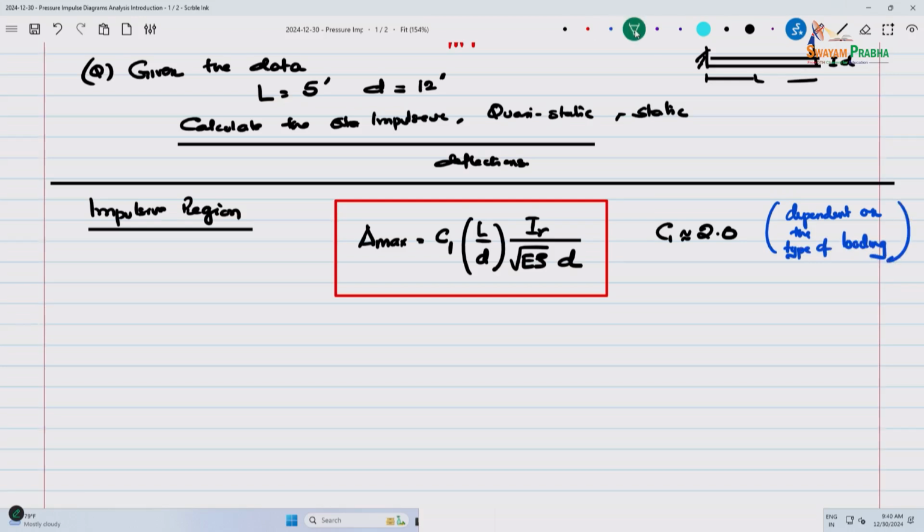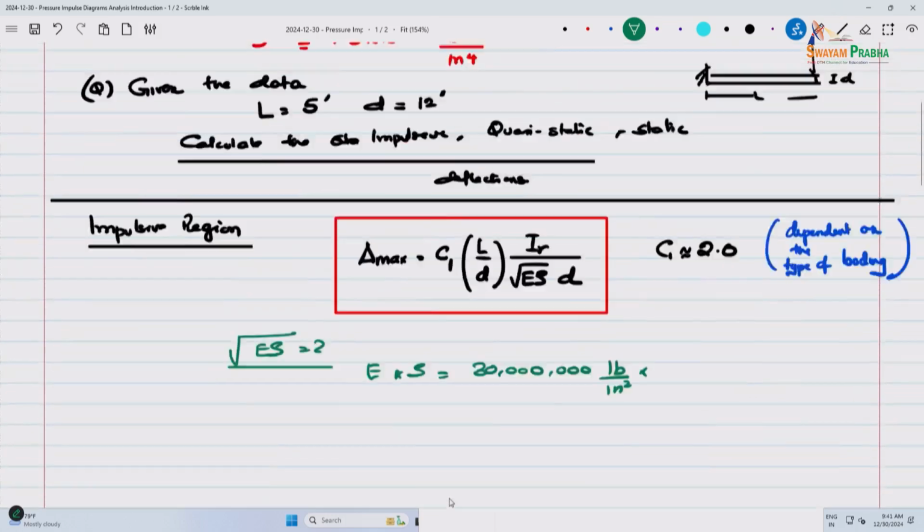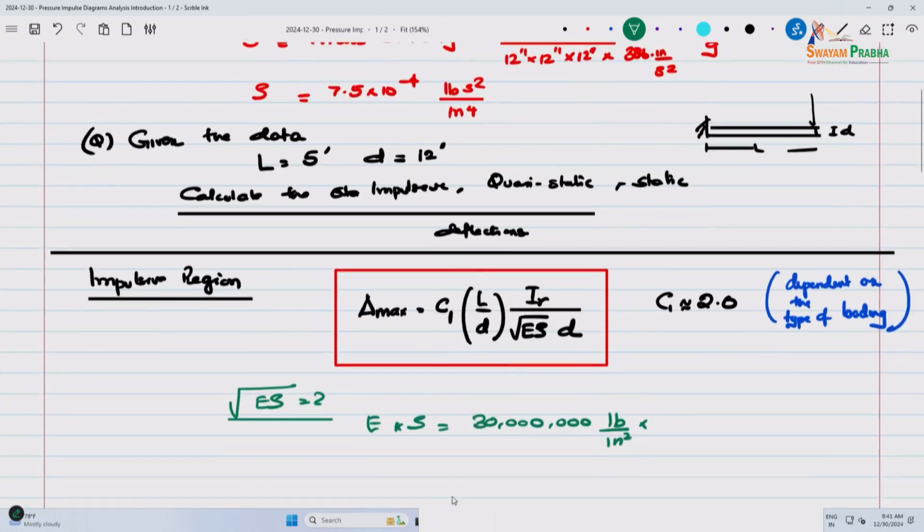So, let us proceed with calculating the parameters. So, square root of first E rho. So, let us start with E multiplied by rho. So, this is 30,000, and to be consistent, 30 into 10 power 6 psi, and rho is 7.5 into 10 power minus 4 pound second square by inches per 4.